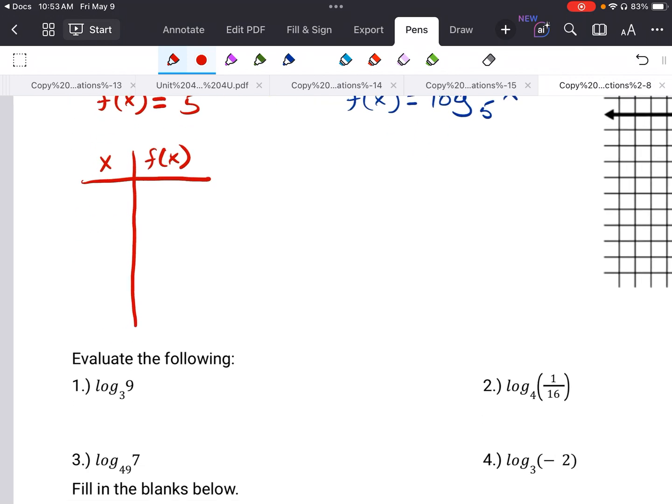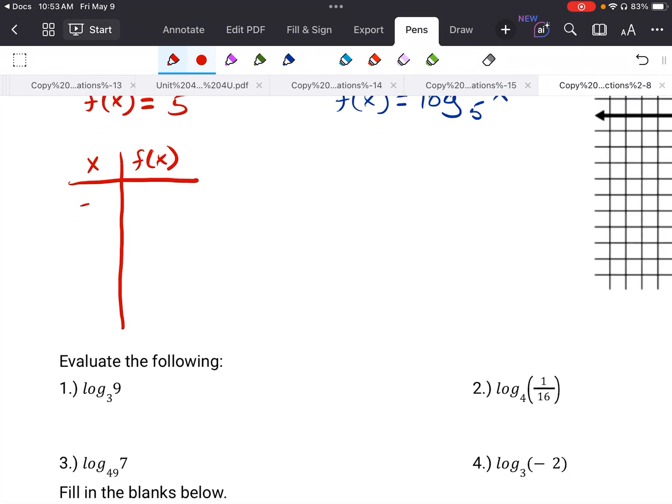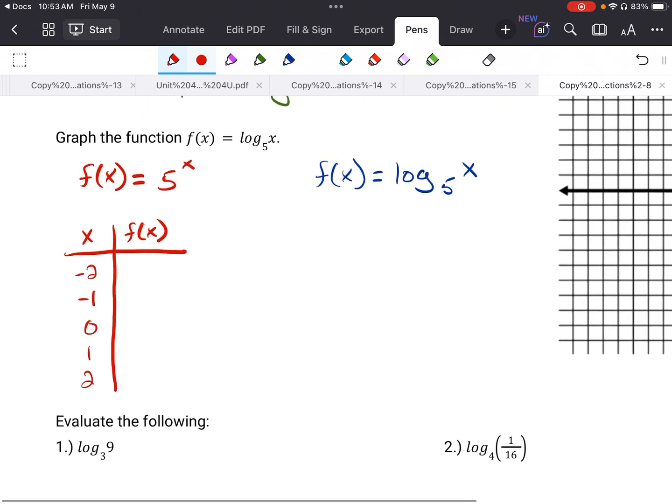Let's go -2, -1, 0, 1, 2. 5 to the power -2. Remember, negative means flip it upside down, the reciprocal. So we'll get 1 over 5 squared, which is 1 over 25. And then 5 to the power -1 is 1 over 5. Anything to the power 0 is 1. 5 to the power 1 is 5. 5 to the power 2 is 25. Great, so let's graph that.